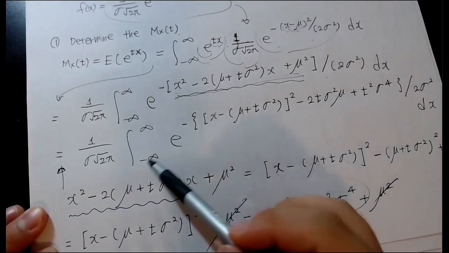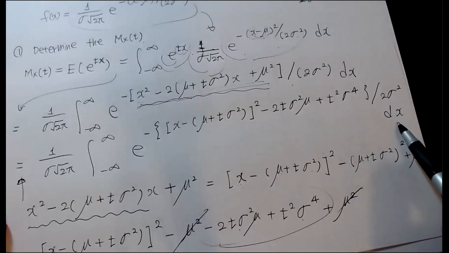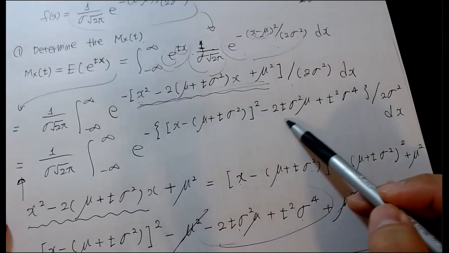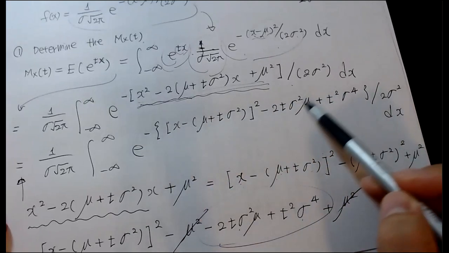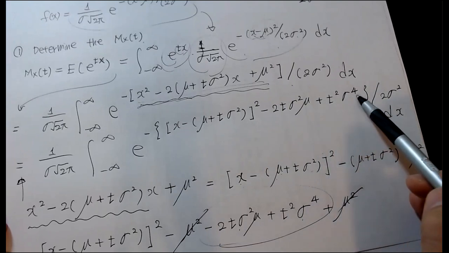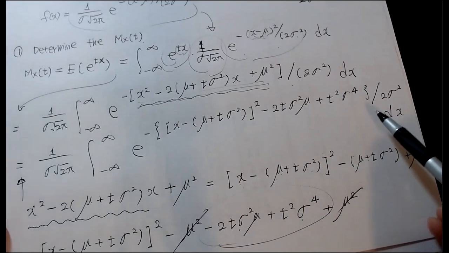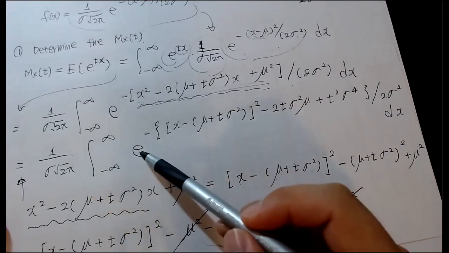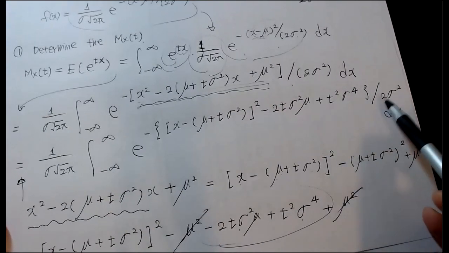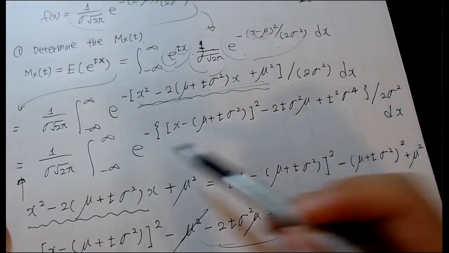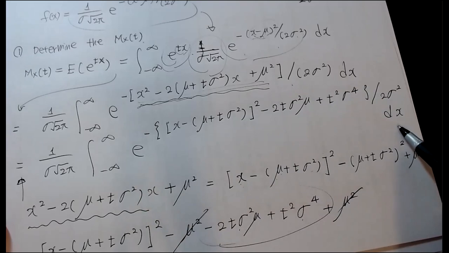Now look at this. This is an integral with respect to x, right? So e to the minus 2t sigma square mu plus t square sigma to the fourth power over 2 sigma square can be factored out, because that term over 2 sigma square is constant in view of the integral with respect to x, right?